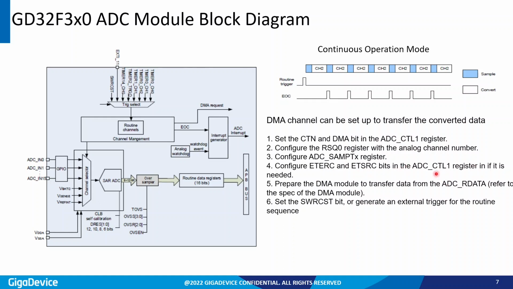The next thing we need to do is prepare the DMA module to transfer data from the ADC register that will house the data after the conversion is complete. And then we'll need to set the SWRCT bit, which is a software start conversion bit, to generate an external trigger for the routine sequence.